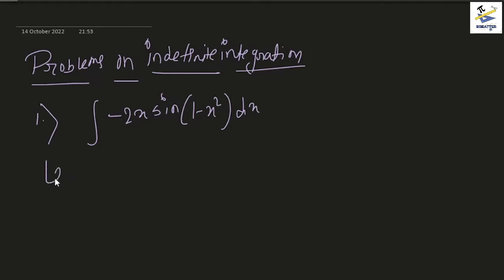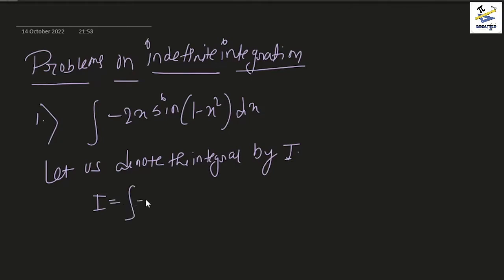Okay, so firstly let us denote the integral by I. As usual, I is basically the integral of minus 2x into sine of 1 minus x square dx.